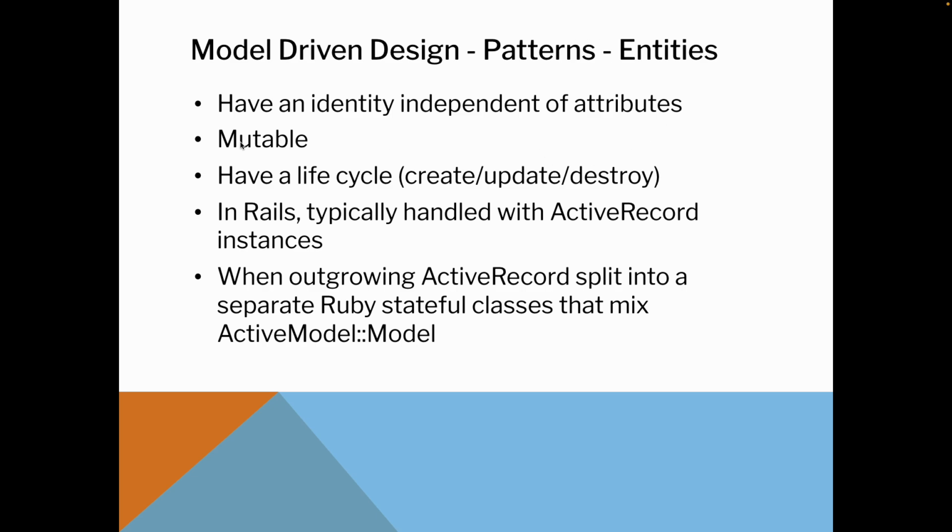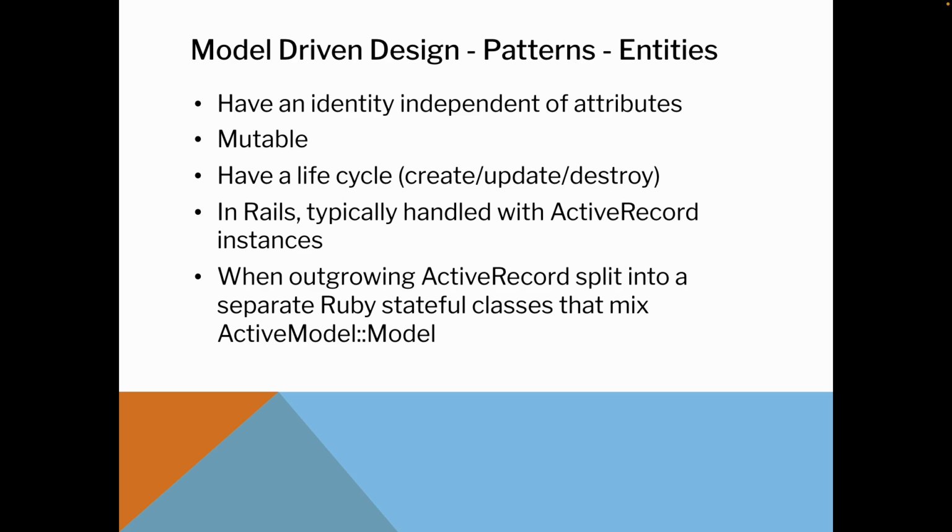Another attribute of entities is that they're usually mutable. If you have a car, it moves, so the location of the car is going to mutate as you drive. Attributes of the car could be mutated. You can change the radio station from the jazz station to Chaume FM, the rock station in Montreal.